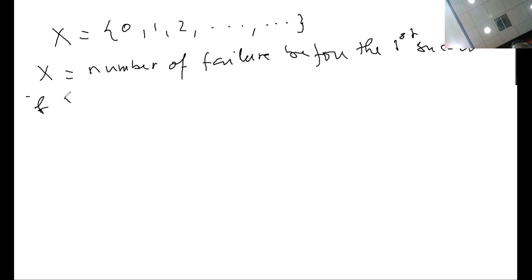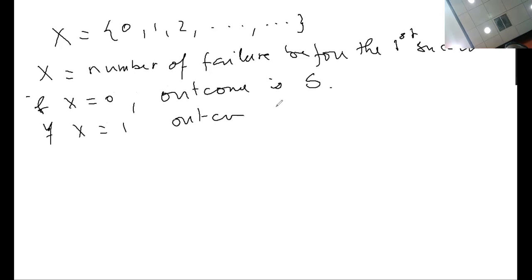For example, if X equals 0, the outcome is success. If X equals 1, the outcome is failure, success. X equals 2, the outcome is failure, failure, success.